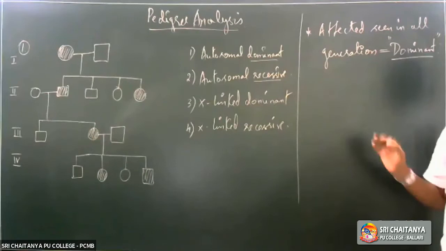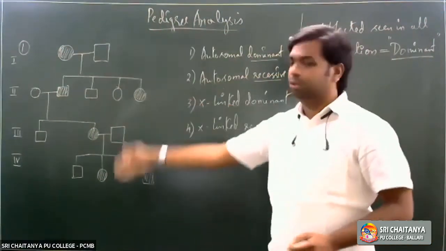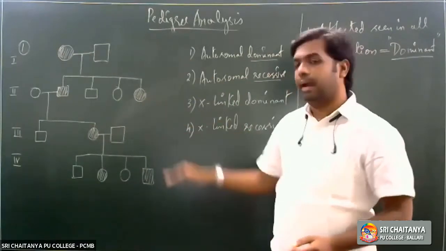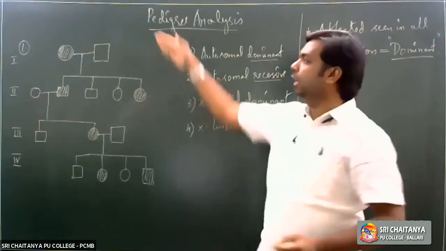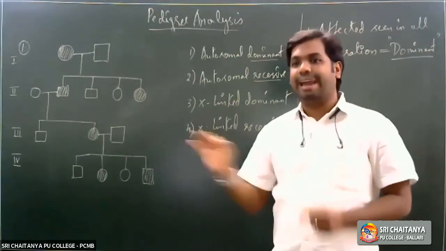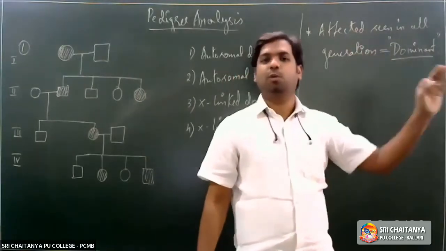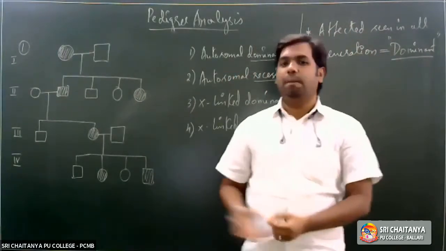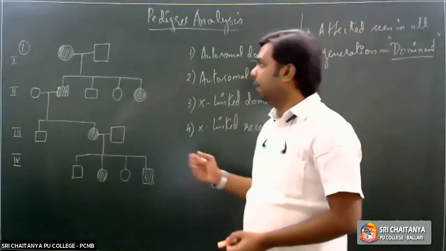Here we have 4 generations, 1, 2, 3, and 4. If there is at least one affected individual in all of the generations, then it would be a dominant trait. This is the first and foremost thing you need to see whenever a pedigree chart is given.